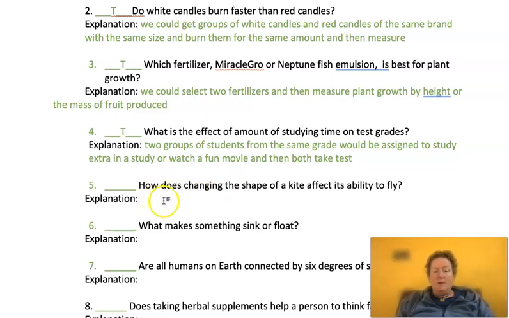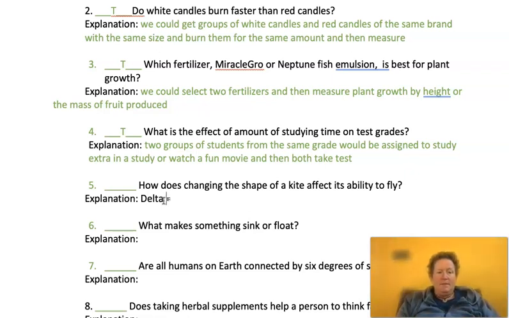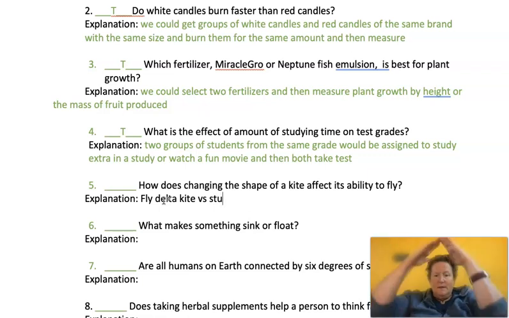We could change the question. We could use a delta kite, the kites that look like this, versus a stunt kite. Stunt kites are shaped kind of more like a diamond.